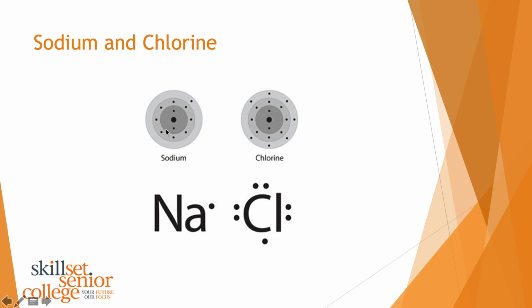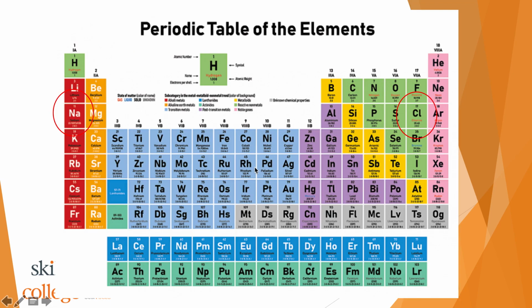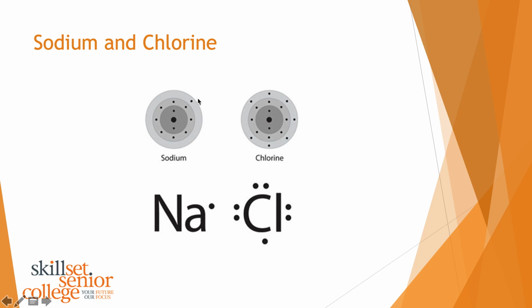So it has a full inner electron shell. It also has a full second electron shell, and it has 1 valence electron. And remember what I said before, every element in this column, hydrogen, lithium, sodium, potassium, they all have 1 valence electron. So we can see that here, 1 valence electron.